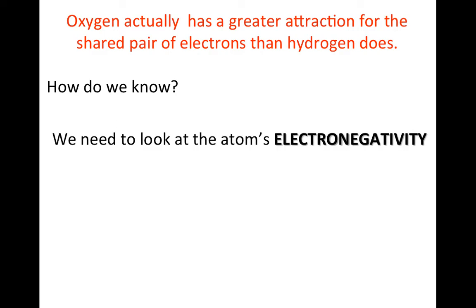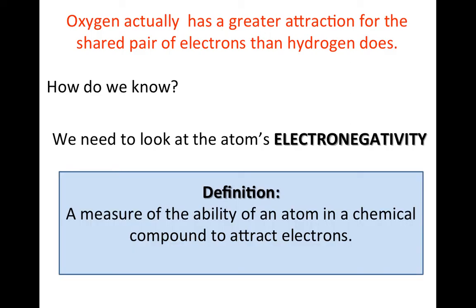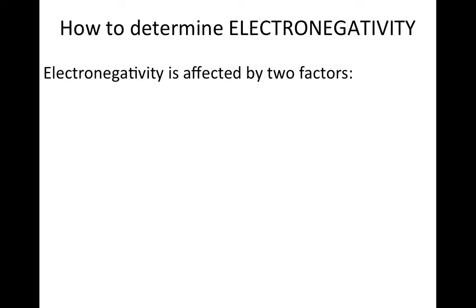So how do we know? Well, we need to look at what we call the atom's electronegativity. By definition, electronegativity is a measure of the ability of an atom in a chemical compound to attract electrons. So how do we determine electronegativity?